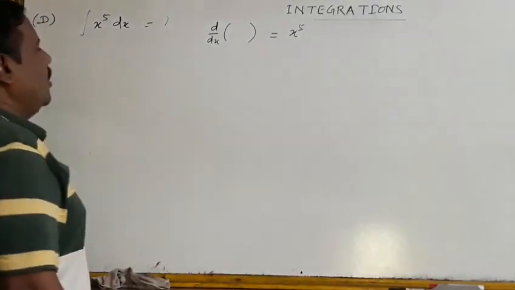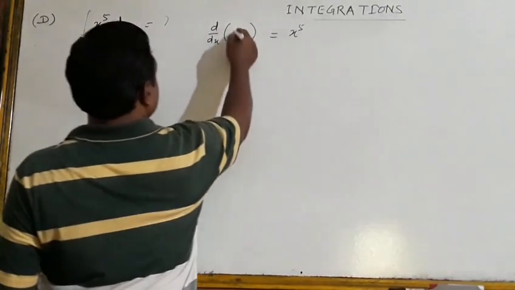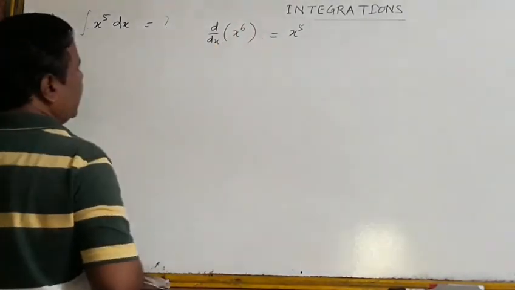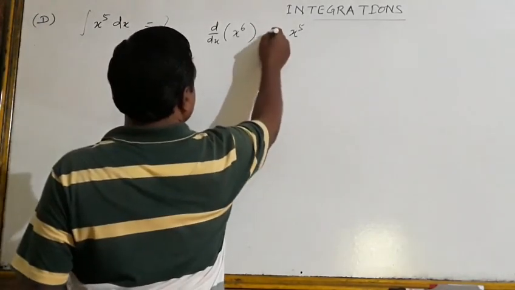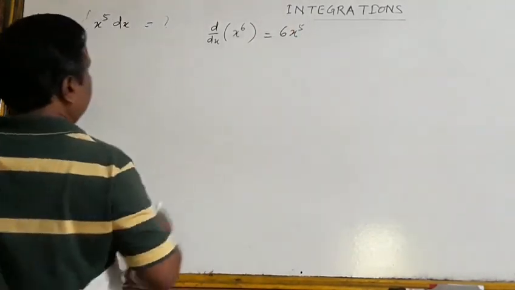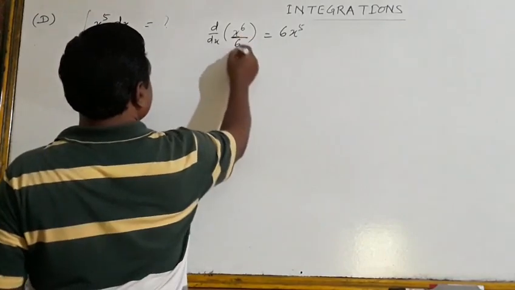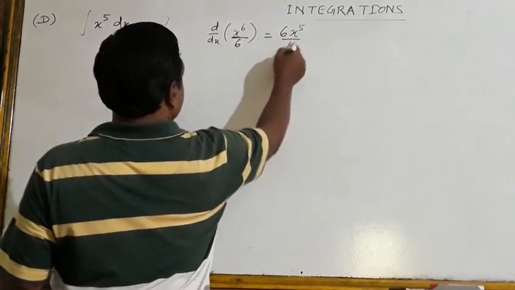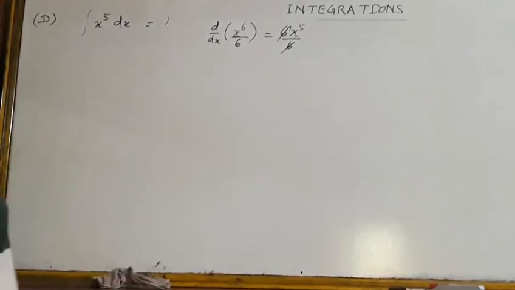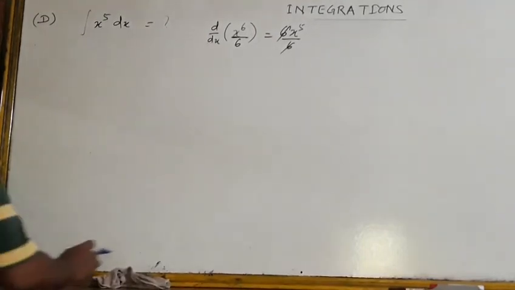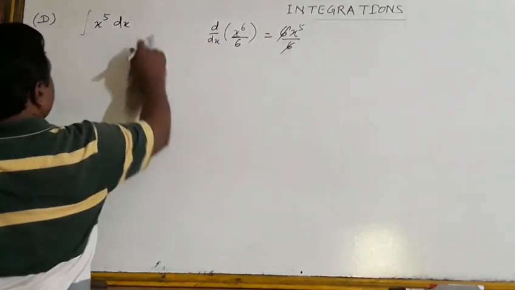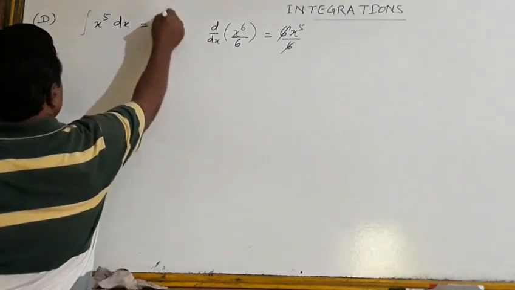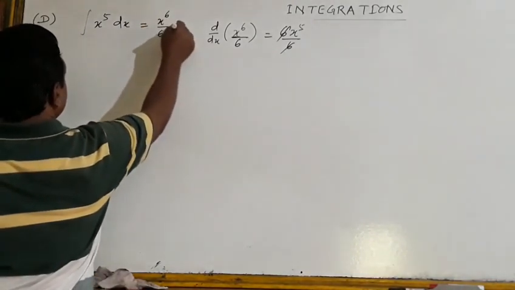Naturally, you know the derivative of x to the power 6 is what? It is equal to 6x to the power 5. If I divide it by 6, it becomes what? x to the power 5. Then integration of x to the power 5 is equal to x to the power 6 by 6 plus a constant.